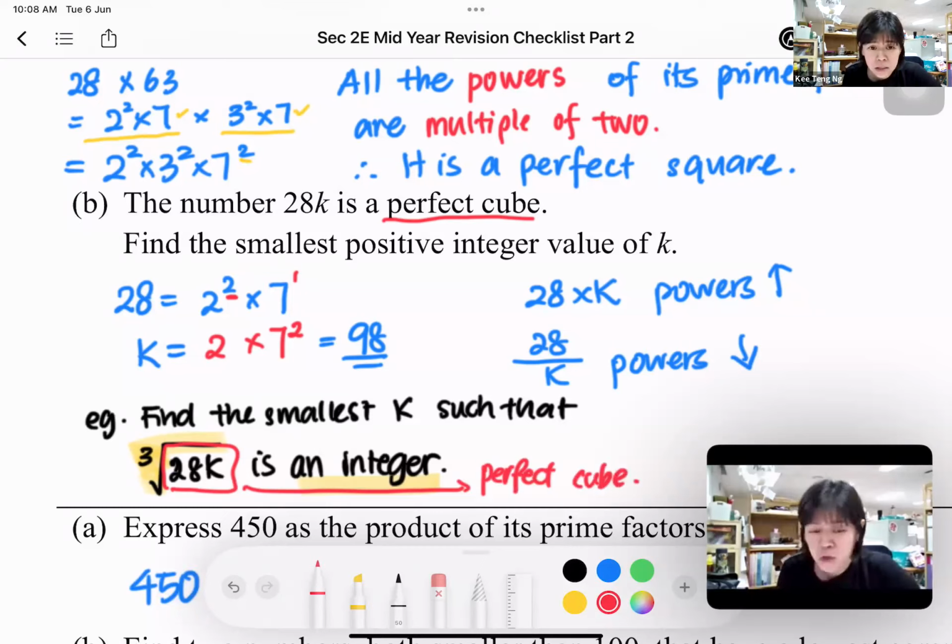So the answer is still k is 98, but they express the question in a different manner. For those of you who are not used to doing such questions, please write down the additional example, another way of phrasing the question.